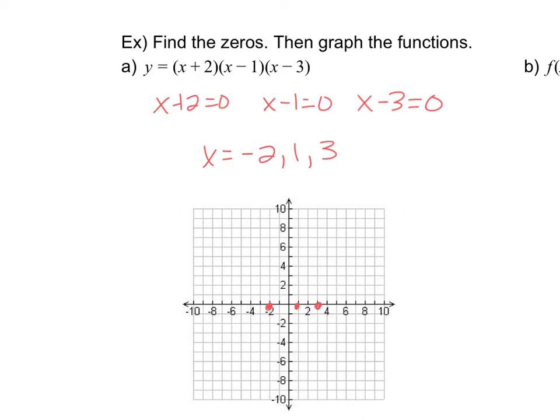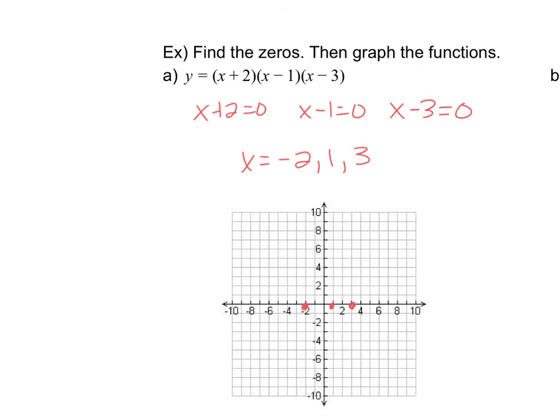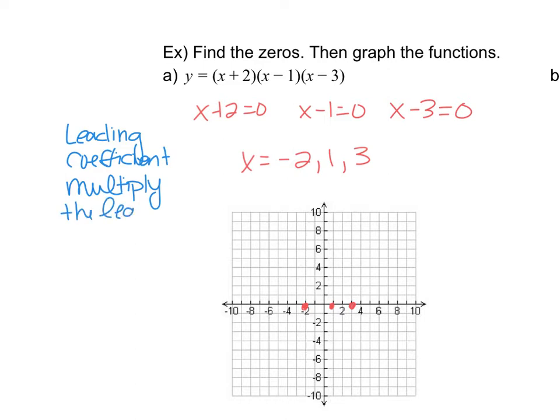Okay, so let's talk about which way do we start? The end behaviors. Remember, we have to look at the leading coefficient, whether it's positive or negative, and whether the exponent is even or odd. So let me show you a shortcut on how to do this. You could take the time to distribute all of that out, but I'm not going to. So for your leading coefficient, all you have to do is multiply the leading terms in the parentheses.